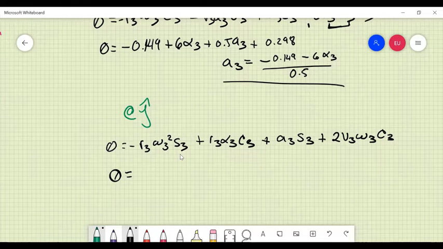So it would be R3 times 0.207 squared times the sine of 300. This is 0.258 or 57.